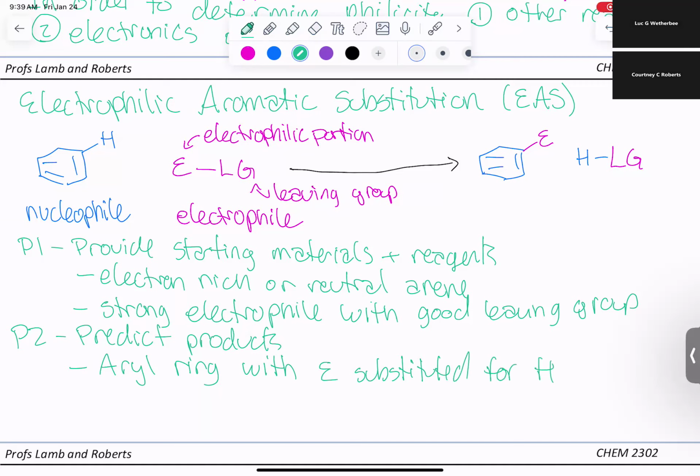Tons of exam problems come from just these two P's. We have a row of things that have boxes for the products, and that's P2. We have a list of reactions with nothing over the arrow, and that's the reagents. Or we'll have a list of reactions with no starting material, but we'll have the products, and you'll be able to predict that. This is quite often what we do.